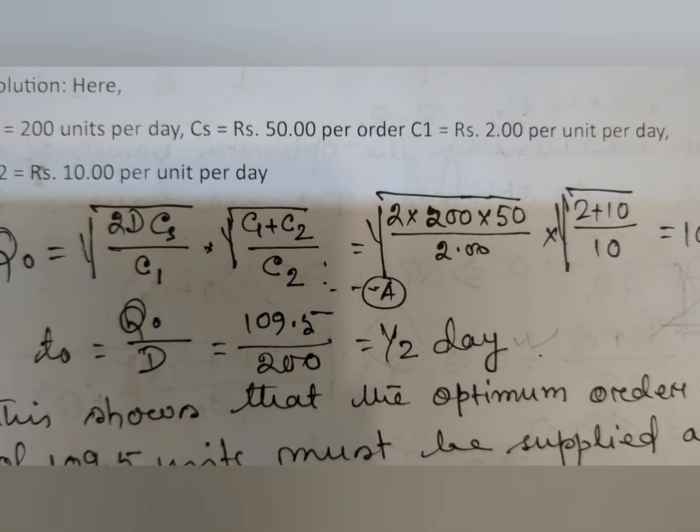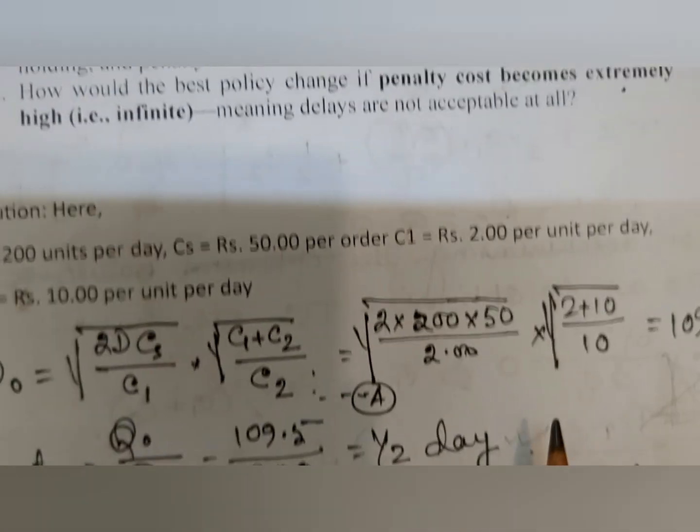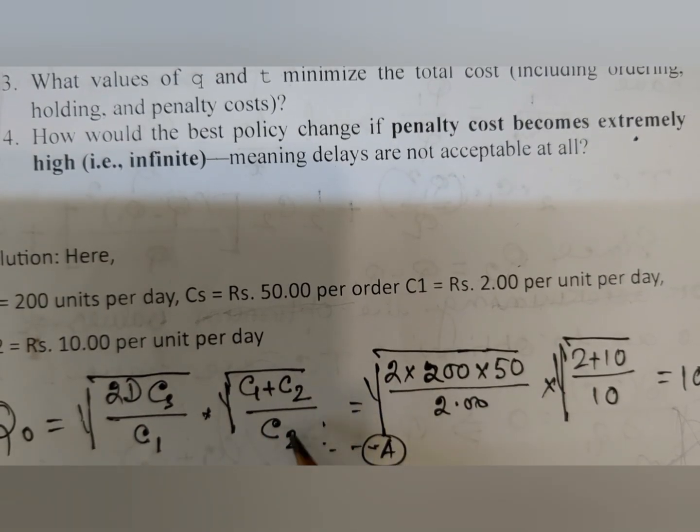Now this last part, if the penalty cost becomes infinity, तब क्या हो जाएगा. अगर penalty cost infinity हो जाता है, तो this part will vanish, ये 1 हो जाएगा. Infinity, this divided, this will be 1.